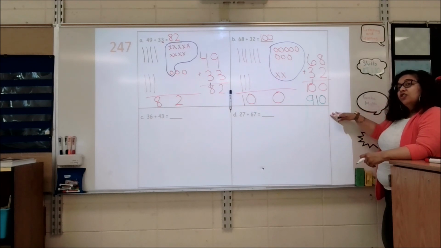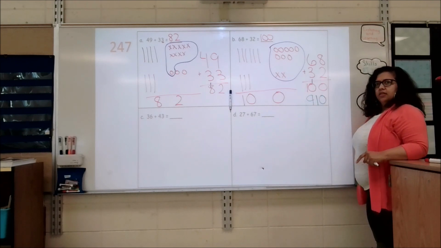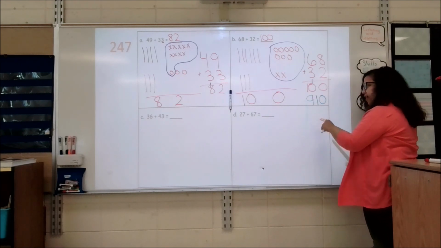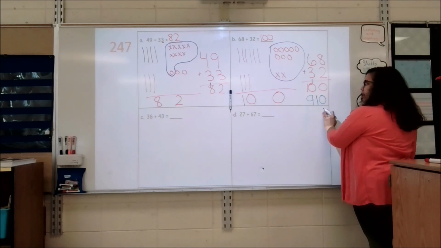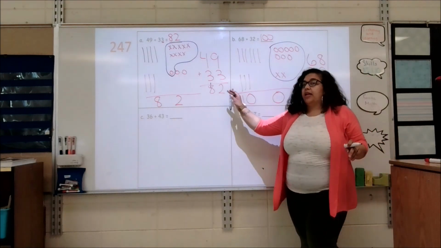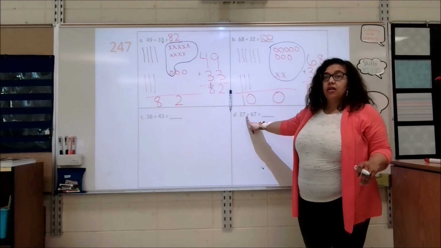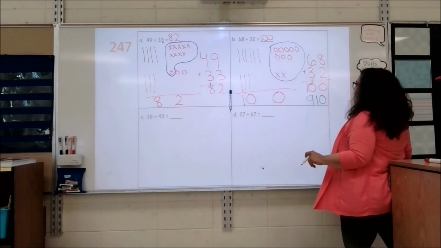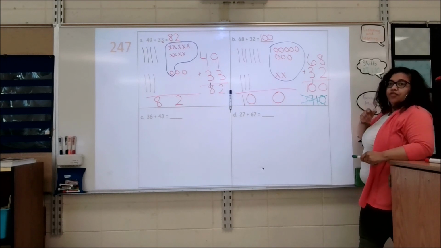That says 910, but there were 9 tens and 10 ones. Do you see how this creates something totally different? If we had a hundreds place and we were using it, we wouldn't be able to do this either. This does not work. You cannot put that. That becomes 910.